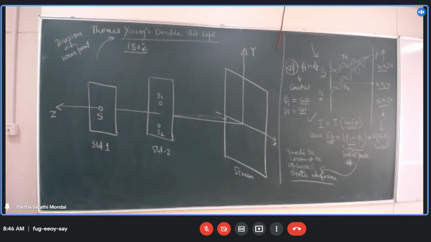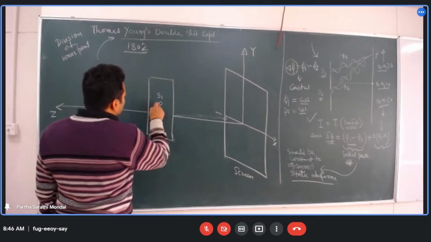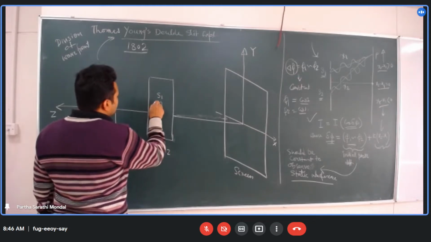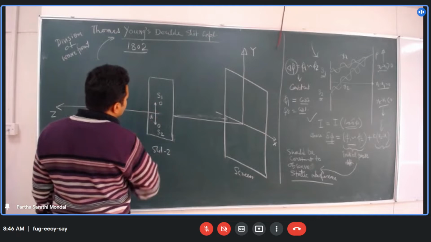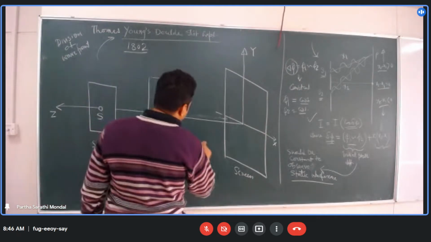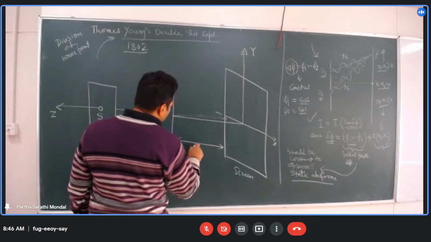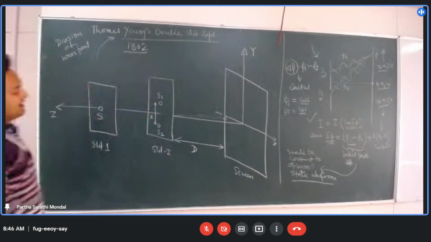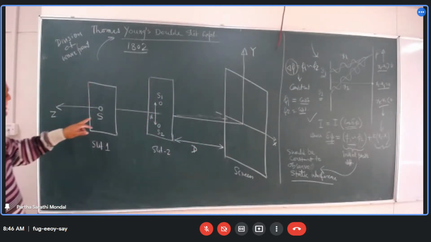It will act as two sources because, let's say, the distance between the two slits is d. Okay, so now we place a screen at a distance D from the slits. Now what will happen?